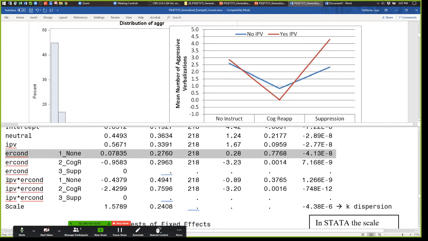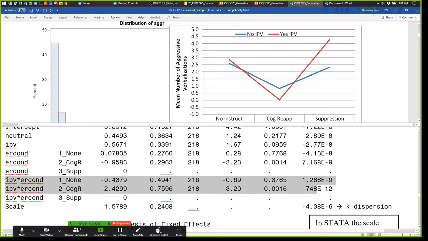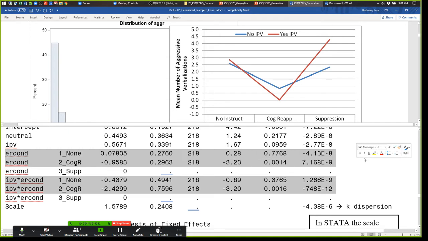Now the interaction terms. And highlight these things. The first two rows that are highlighted are the effects of strategy in people without a history of IPV. So if I look at the 2 group, for instance, the effect of strategy is negative.